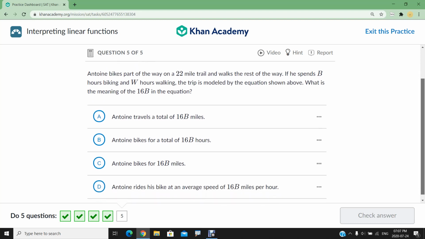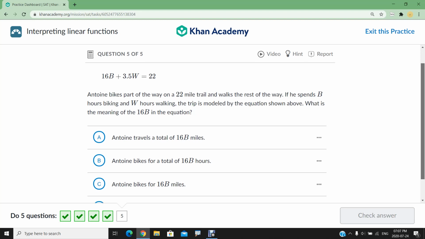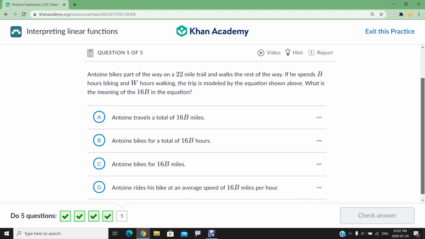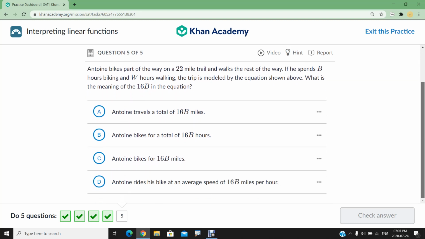Okay, so we can see 16b. What does 16b mean? B means hours of biking, and if you put 16, it means that he bikes for a total of 16b miles. Or that he rides his bike at an average speed of 16b miles per hour.